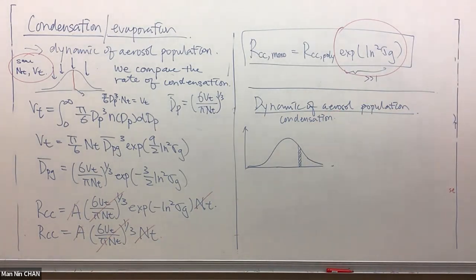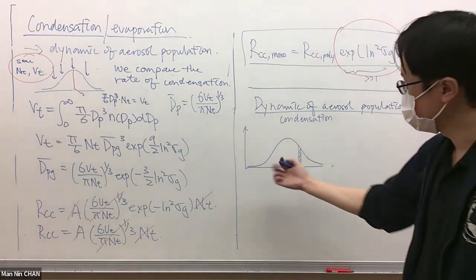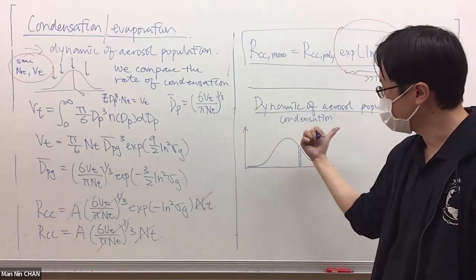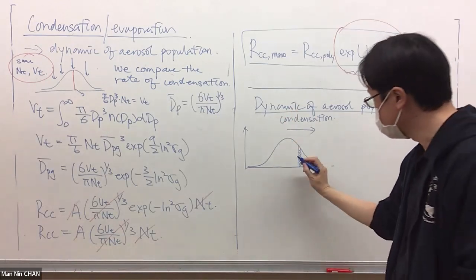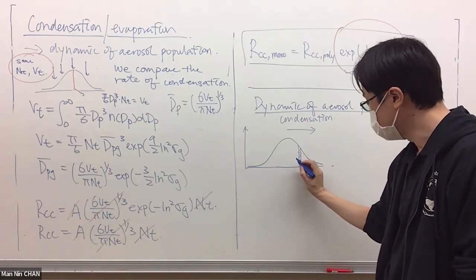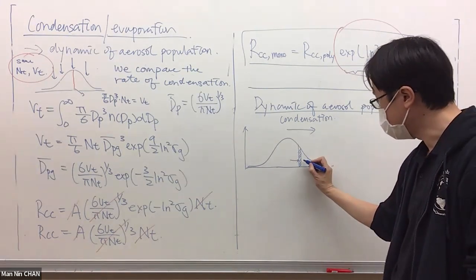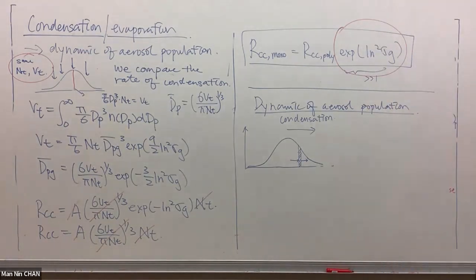If you want to describe the change, the growth rates, the condensation, intuitively we know your aerosol will grow. So therefore, they will move to the right, the size will increase. So for a given size bin, some will grow into this size bin. And then of course, for this size bin, at the same time, they will grow and go outside of this size bin. Are you okay with this?